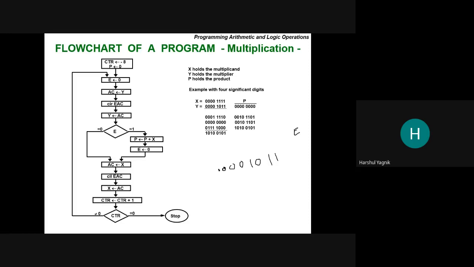Each of these 7 bits will be shifted to the left. So that will start with this 0, 0, 0, 1, 0, 1, 1. And what will this be? LSB?